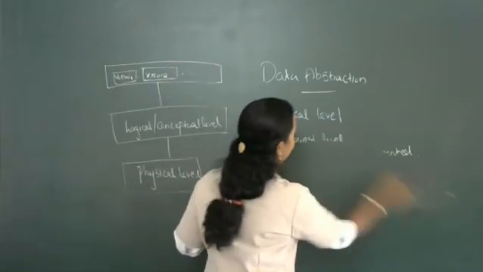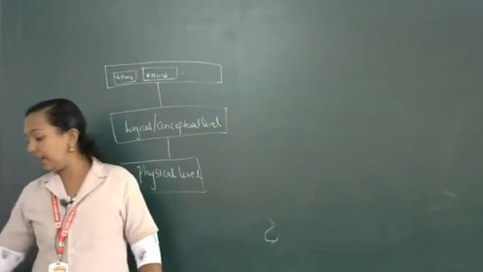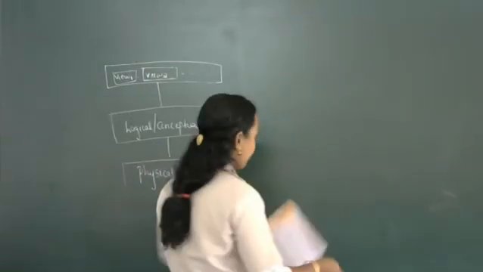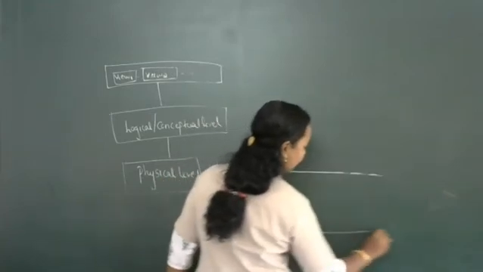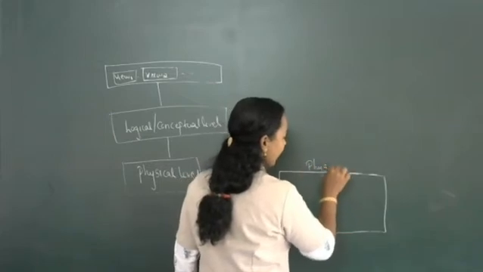Now with the help of an example, I will explain the different levels of data abstraction. Let us take a student database. First I am going to draw the physical level.